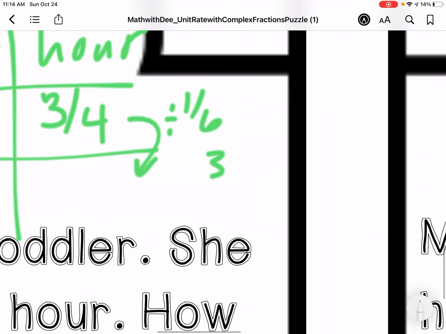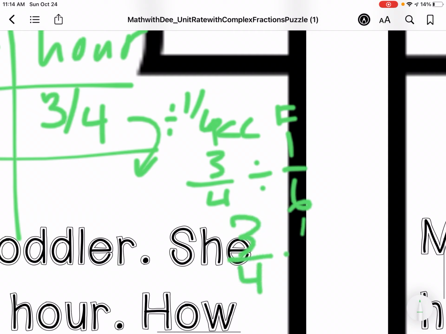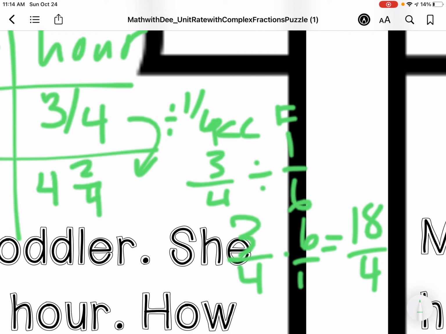So I have 3/4 divided by 1/6. Keep, change, flip. 3/4 times 6 over 1. So I have 18 over 4. 4 goes into 18 4 whole times with 2/4 left over. I can reduce that down to 4 1/2.